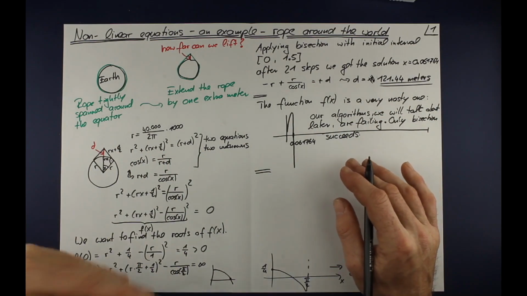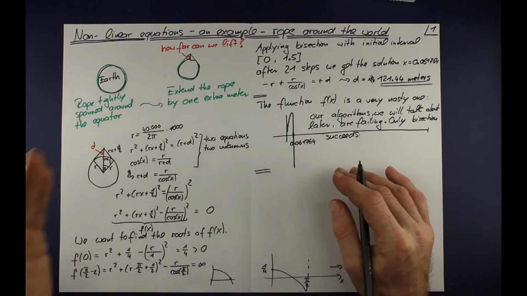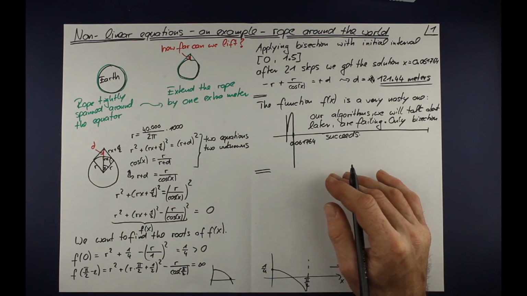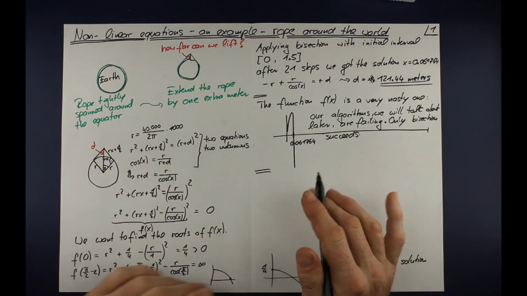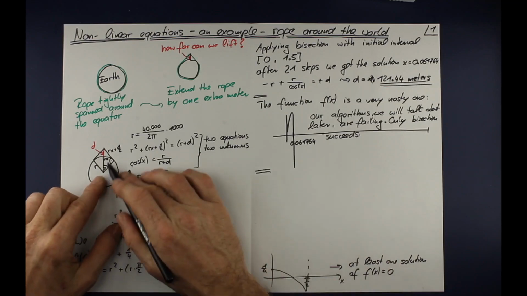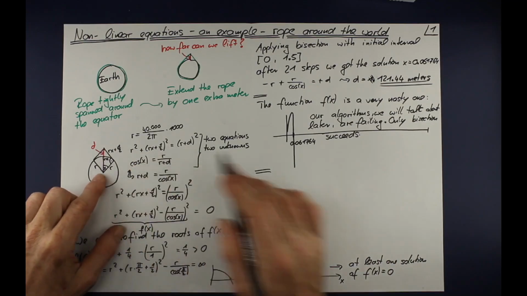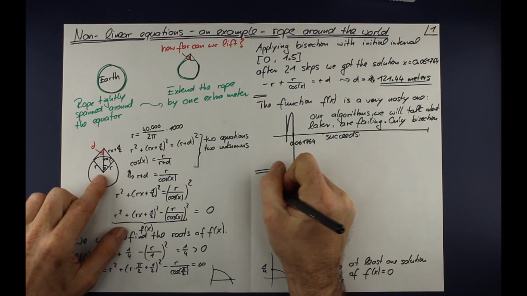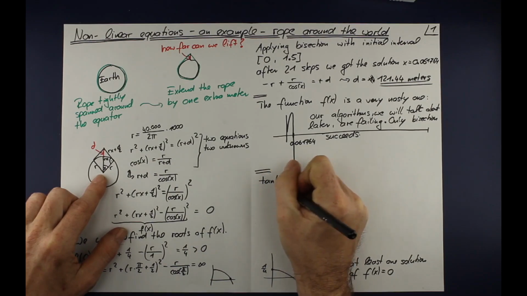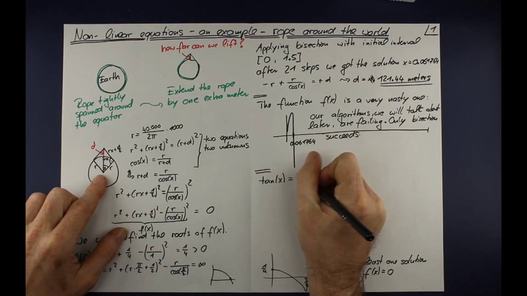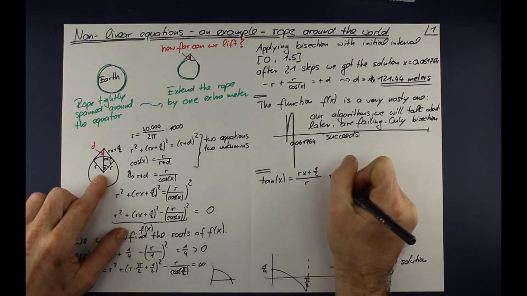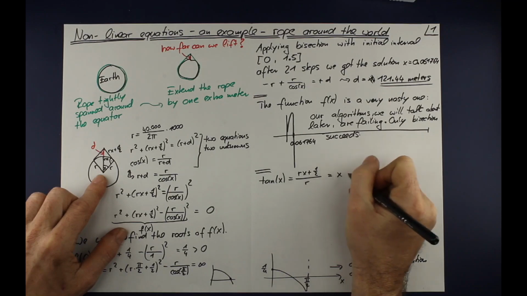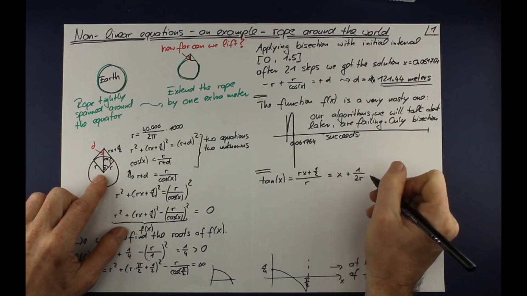Being in a room with students, I ask them, what do you suggest? And instead of suggesting this equation, once a student suggested the following equation from that situation. And the suggestion was tangent of x is rx plus a half divided by r, what is the same as x plus 1 divided by 2r.